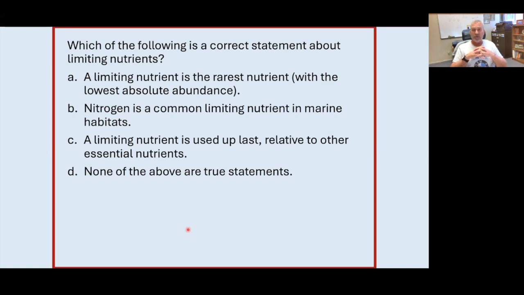Sometimes it has more to do with how much of a given nutrient the community is using. Most plants use more nitrogen than phosphorus. Nonetheless, phosphorus sometimes and often is the limiting nutrient, but it isn't always the limiting nutrient, depending on the species of plants. The limiting nutrient is used up last relative to the other essential nutrients. Well, that's obviously not true because it's the first one that's used up. Okay.